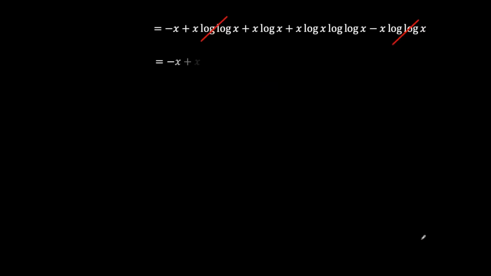And so our final answer is going to be minus x plus x times natural logarithm of x plus x natural logarithm of x times natural logarithm of x. In fact, what you could do is, this is in its own bracket, and this is in its own bracket. Yeah. Okay.